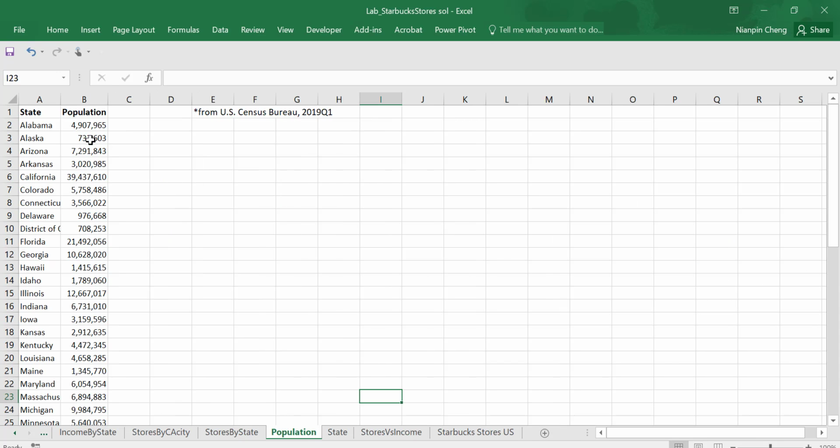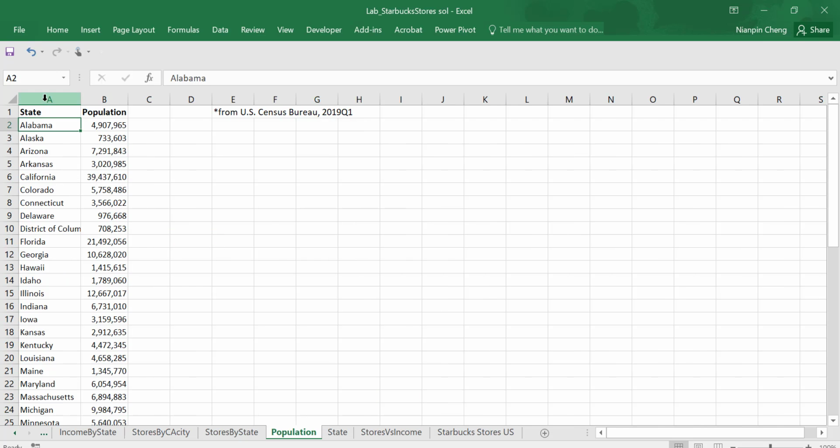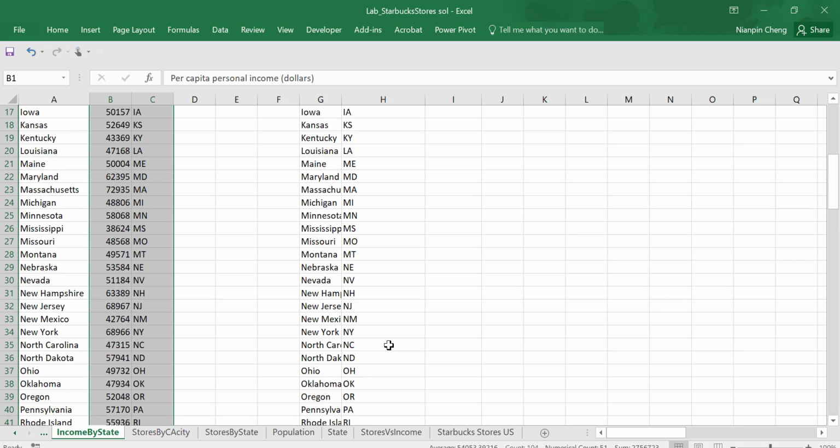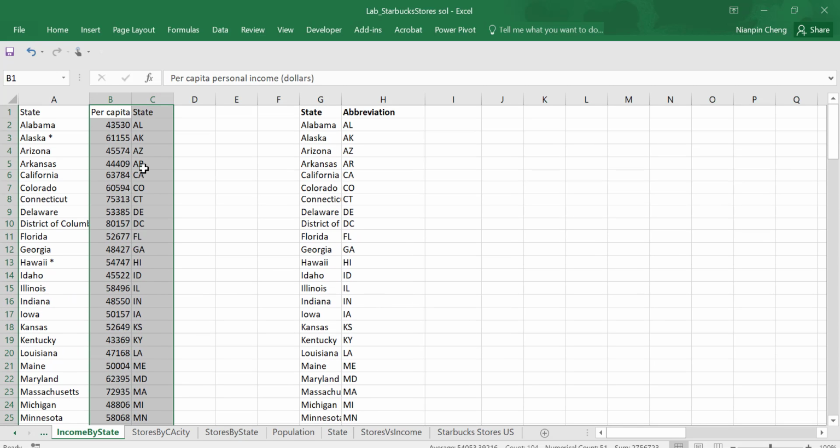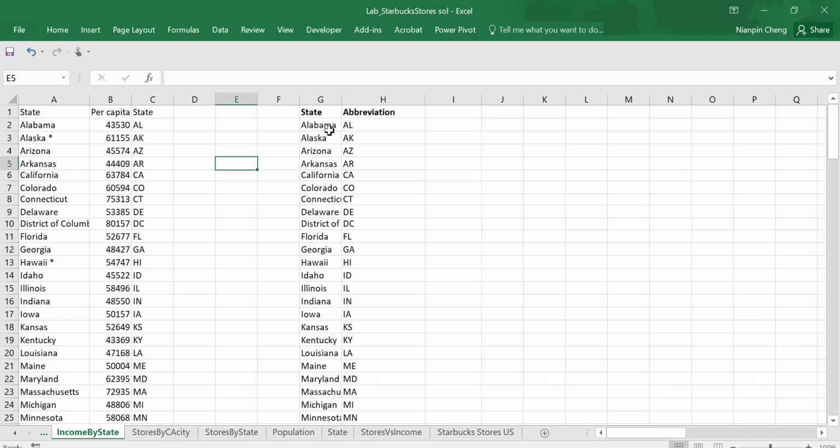So we check the population data here. Okay, same thing. The population data does not use the shortened version of the names. So we need to add back this abbreviation. So we have already sorted here.